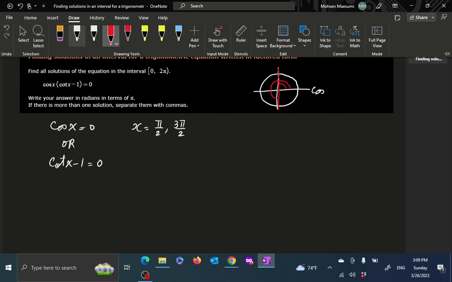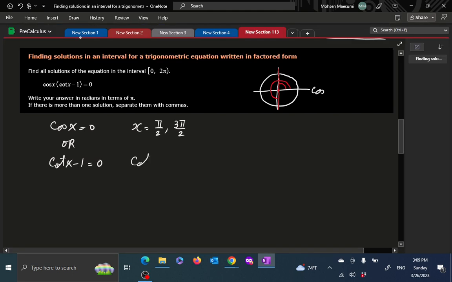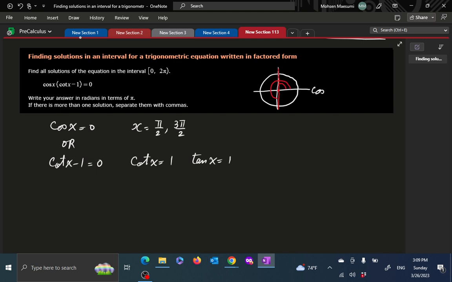The second one tells me that cotangent of x is equal to 1. Reciprocal of this is that tangent of x is equal to 1. Here was the picture for it. We draw the tangent axis. Here's the tangent axis. Find 1 over there. Connect to the origin.